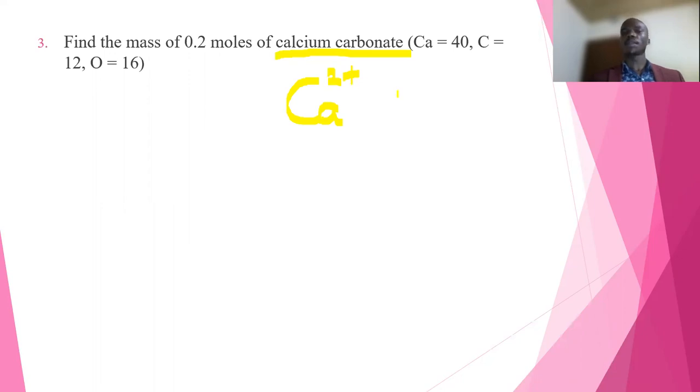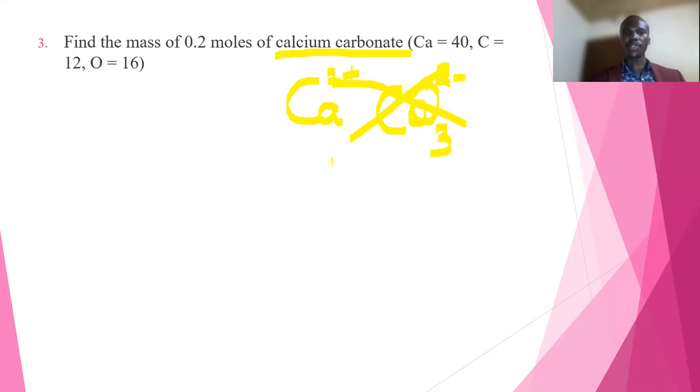Then the carbonate, this is capital O, which is written like that, and it is a radical. So when they swap, the valencies 2, the ratio will be 1:2.